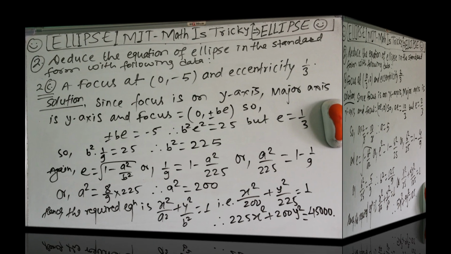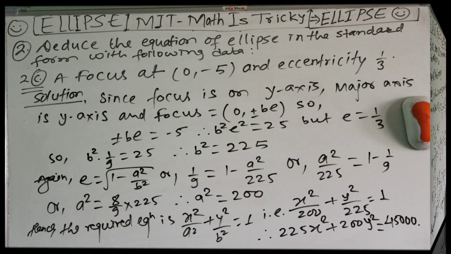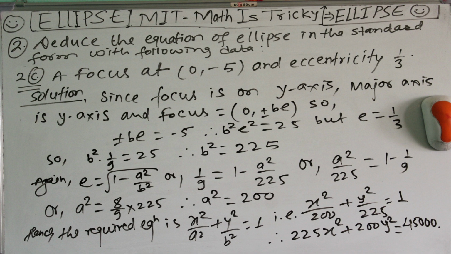2c. Again here we are given focus as 0 comma minus 5 and eccentricity is 1 by 3. In this case we can see that focus is on the y-axis, so major axis is the y-axis, and hence focus will be 0 comma plus minus be, so plus minus be equals minus 5, that is b square e square equals 25, but eccentricity is given as 1 by 3.